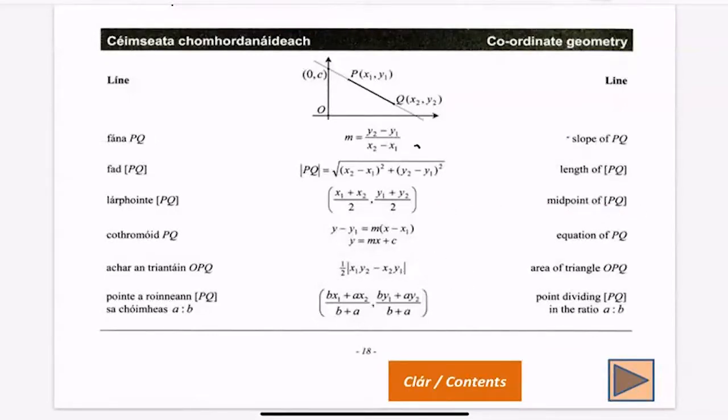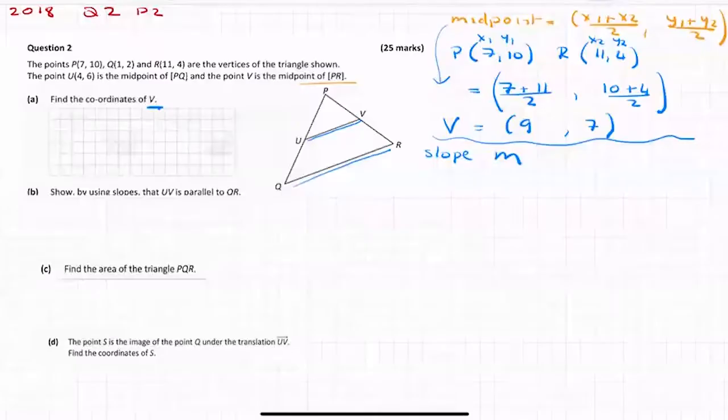I am pulling my slope from here: y2 minus y1 over x2 minus x1. Okay, so I'm going to have to find two slopes, the slope of UV and the slope of QR. Some of the theory that you should know is that if these lines are parallel, then they will have equal slopes. Okay, that's what I'm expecting.